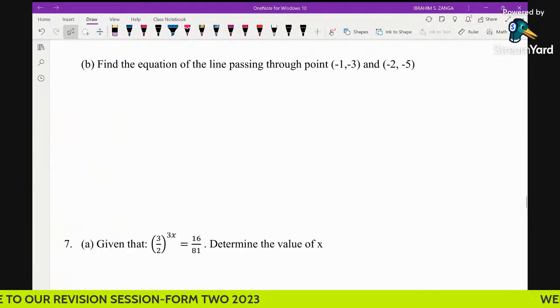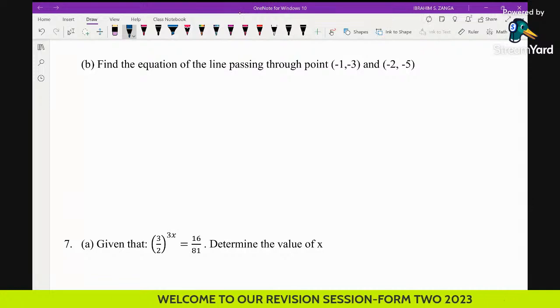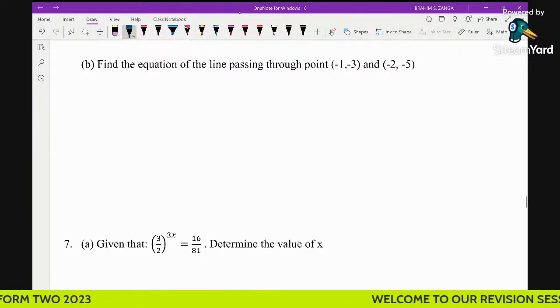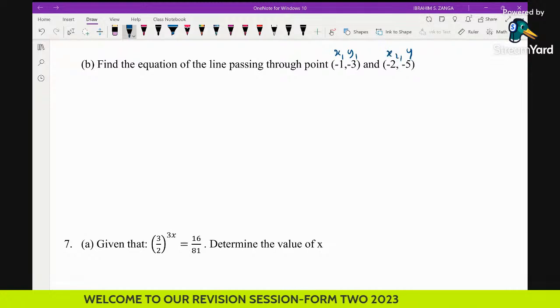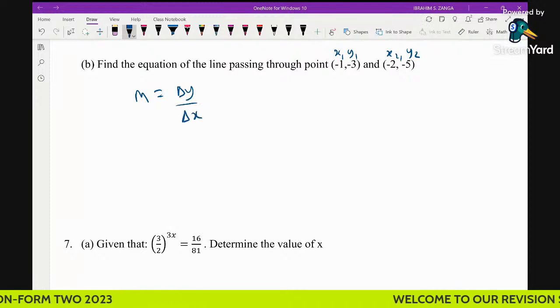Question number 6b, find the equation of the line passing through points (-1, -3) and (-2, -5). So the way we're going to solve this question, dear students, we are going to assume this is x1, y1, and this is x2, y2. And you know that the slope is change in y over change in x.